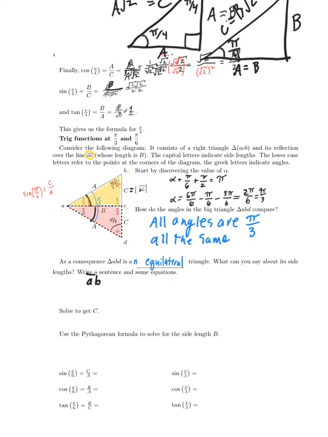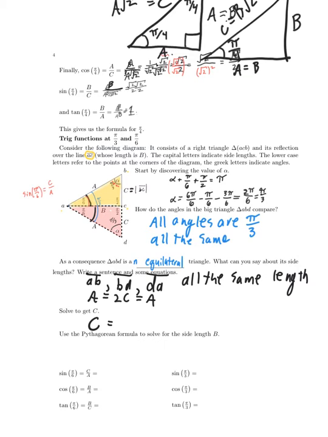The line segment from A to B, the line segment from B to D, and the line segment from D to A are all the same length, which means that A is equal to 2C is equal to A. Okay, so of the first and last A, one of the two is redundant. You already know that A is equal to A. What's important is A is equal to 2C. That tells me what C is. C is equal to A over 2.